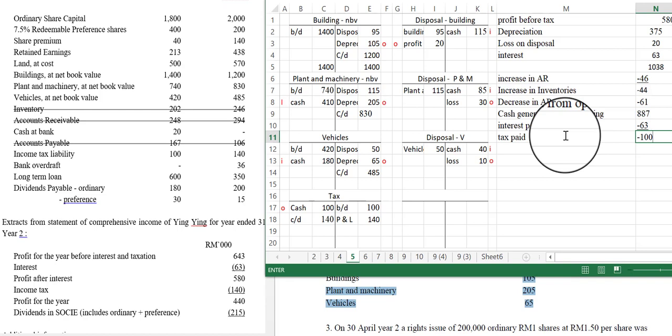So after you minus 100, the balancing figure for cash flow from operating activities is 724. This is your cash flow from operating activities.